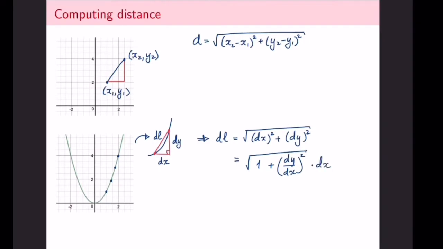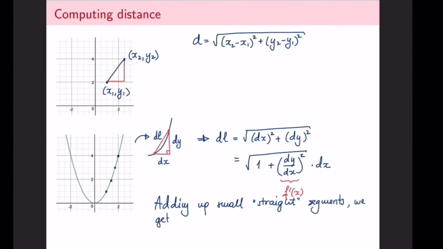The good thing about this, of course, is that we recognize this expression as the derivative of the function, dy by dx. Now, adding up these small segments, so let me just write this up, adding up small, straight, again, they're going to be straight in the limit, segments, we get that the arc length is what we call it.